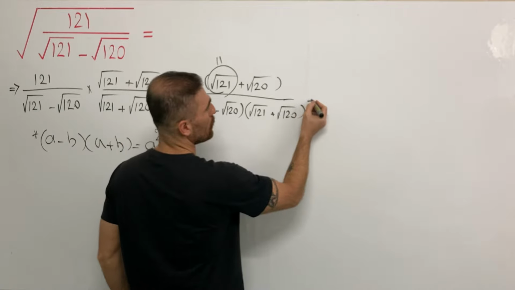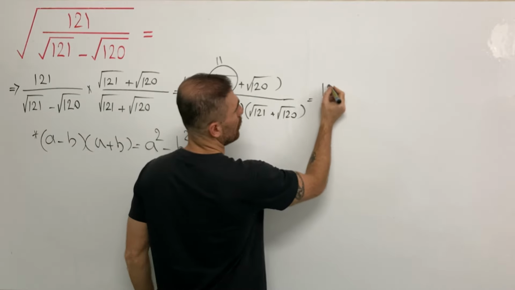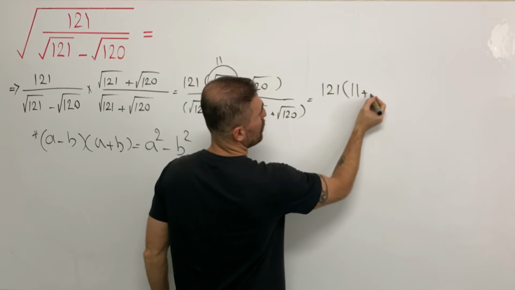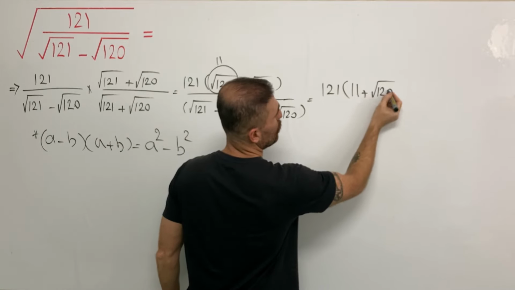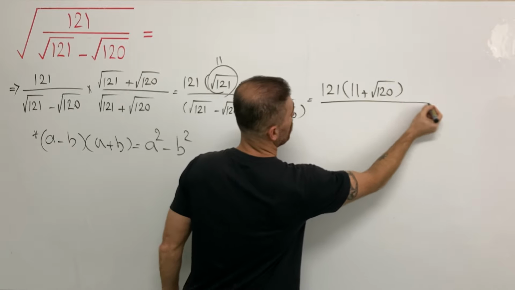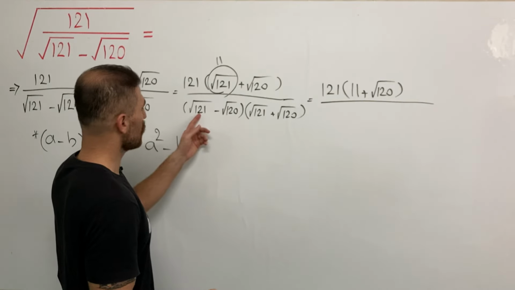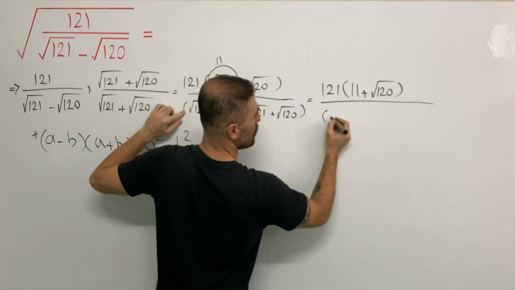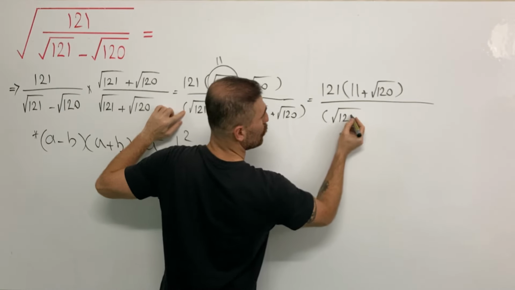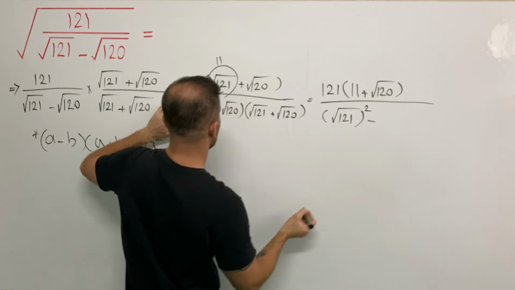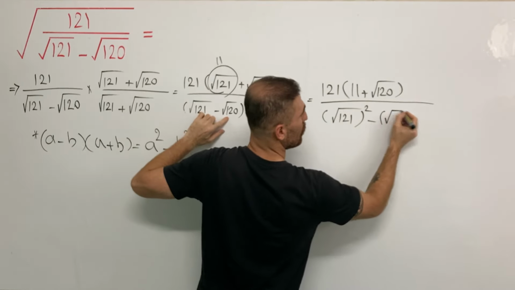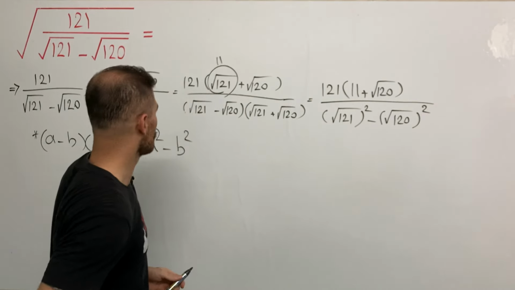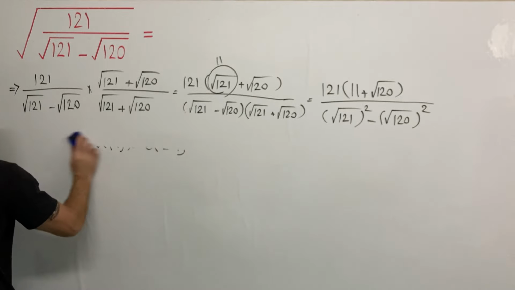So I write on top 121 times 11 plus square root of 120, and on the bottom I write this one squared minus this one squared, which means square root of 121 squared minus square root of 120 squared. Let's continue the solution here.